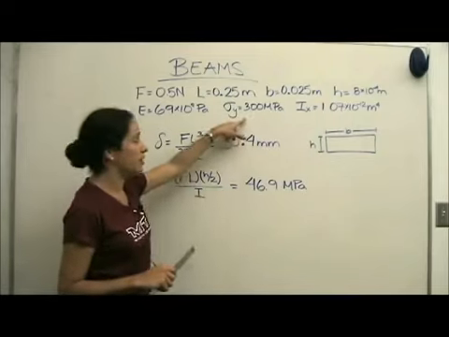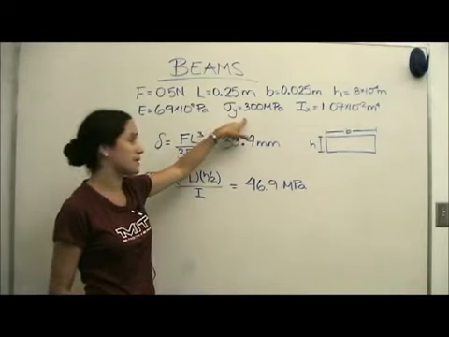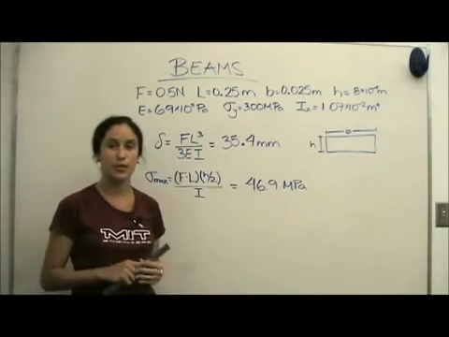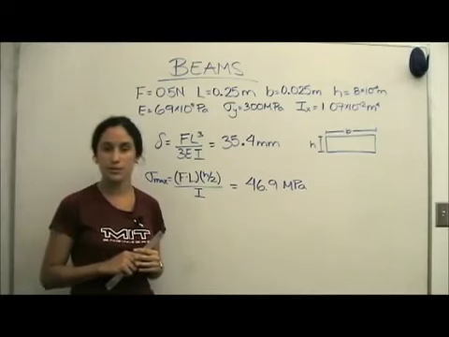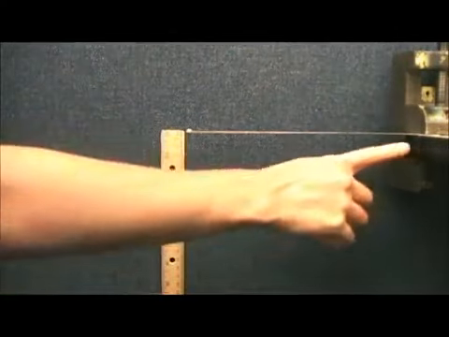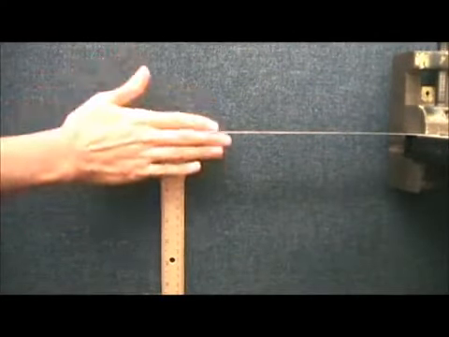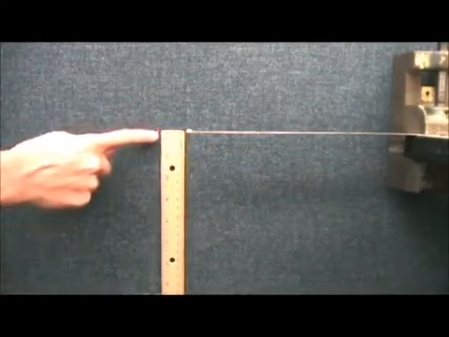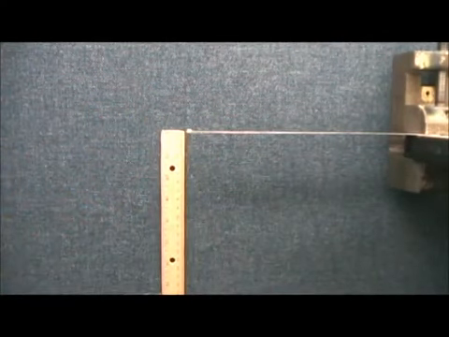This is well under our yield stress of 300 megapascals, which means that once we remove the load, the beam should return to its original position and it will not have plastically deformed. So here we have our beam. It is clamped on one end, free on the other end, it is not touching the wall, and we have a ruler stuck to the wall to measure the deflection.